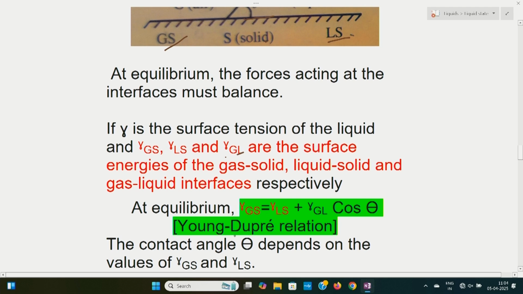This is the Young-Dupre relation. That is, gamma Gs is equal to gamma Ls plus gamma Gl times cos theta.